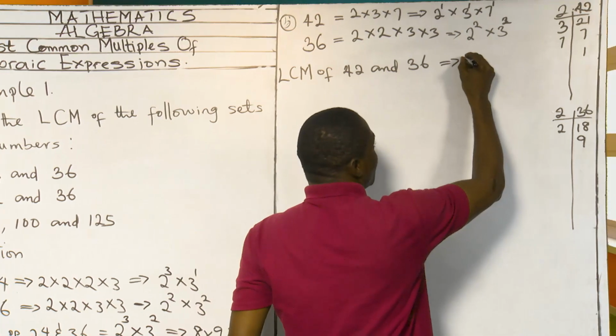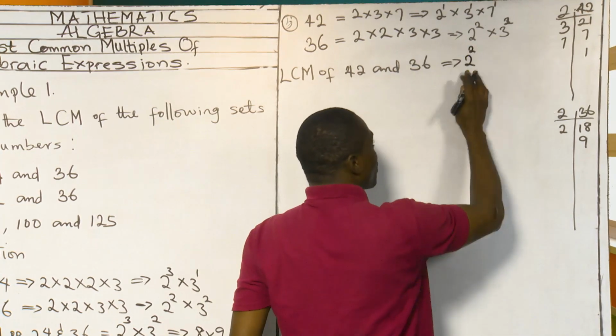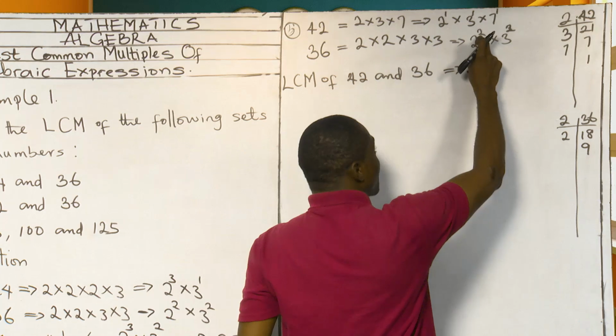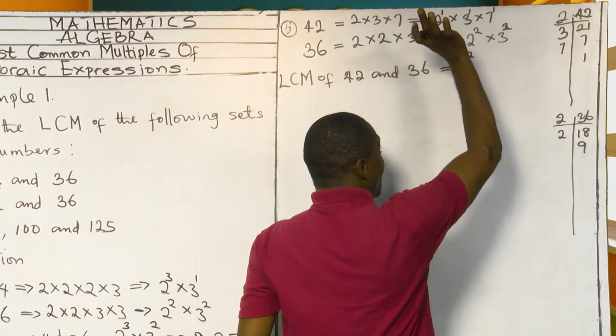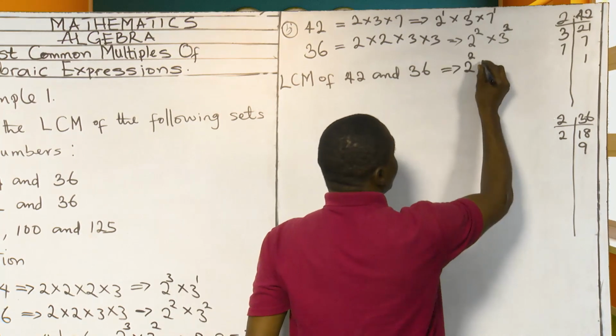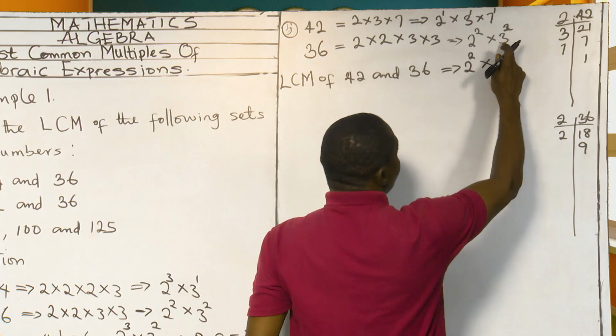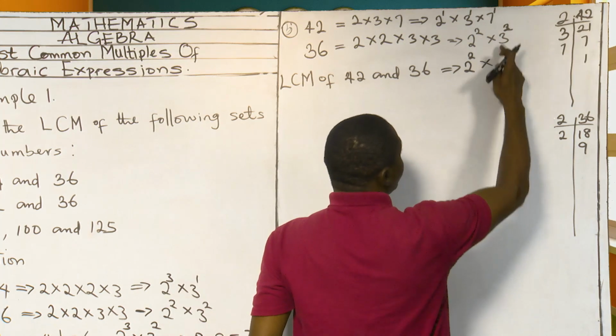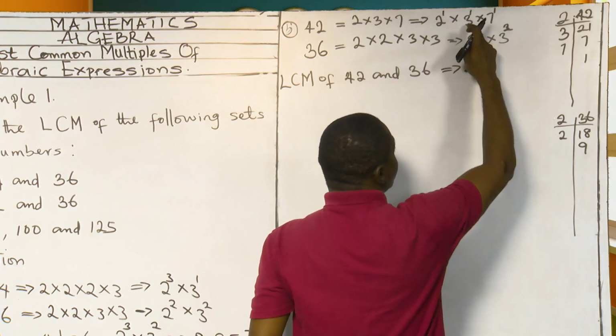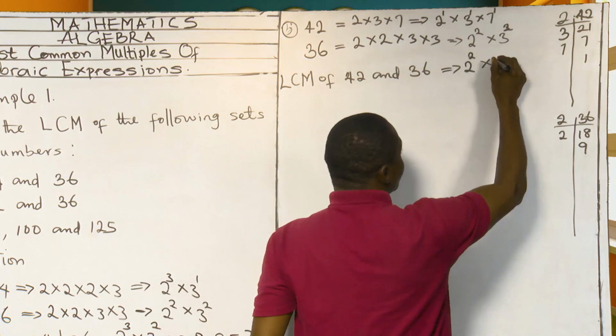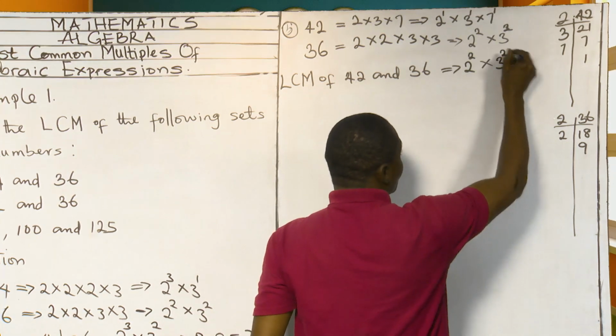We are writing down 2 raised to 2 because it has the higher power. Now multiply by base 3. This is 3 raised to 2, this is 3 raised to 1. We are writing down 3 raised to 2.